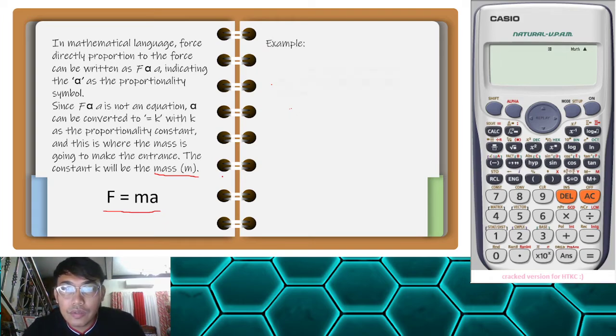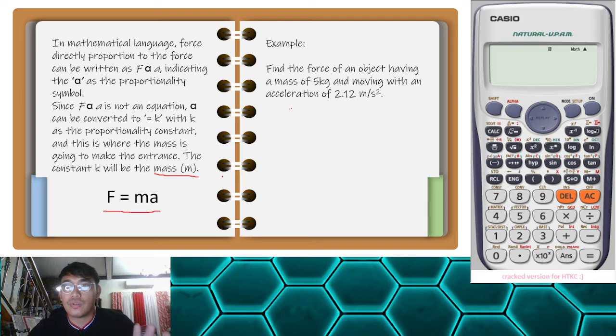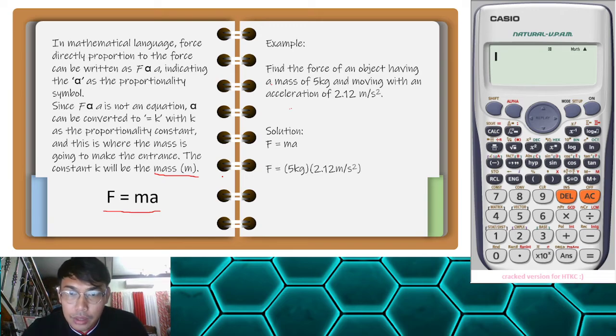Okay, so let's try this example. Find the force of an object having a mass of 5 kilograms and moving with an acceleration of 2.12 meters per second squared. For the solution, we have the formula F equals ma, mass times acceleration.